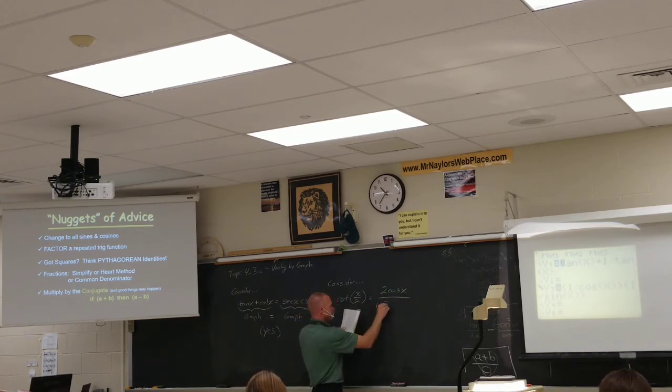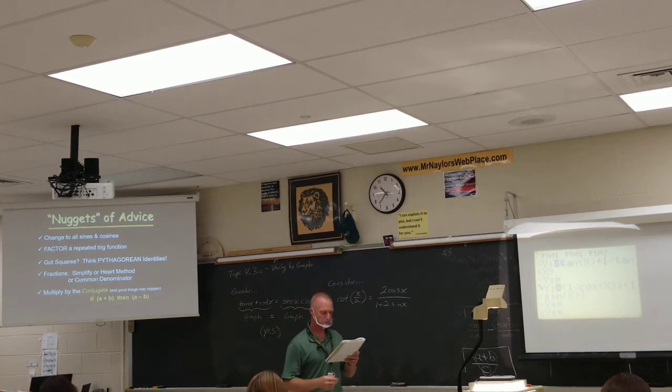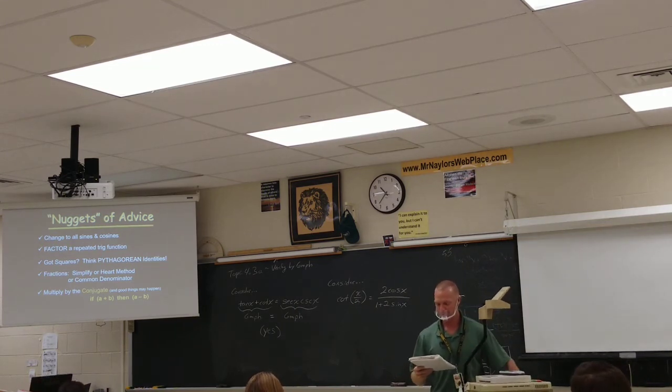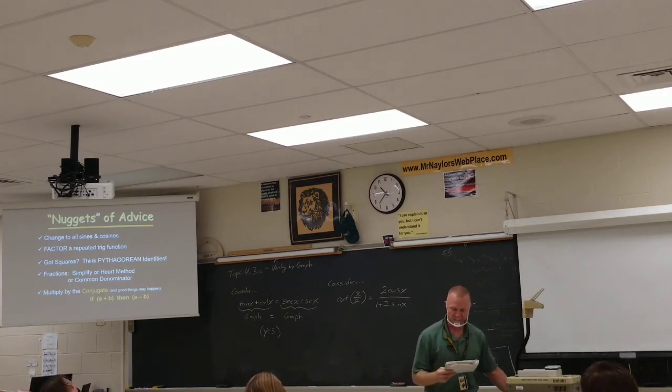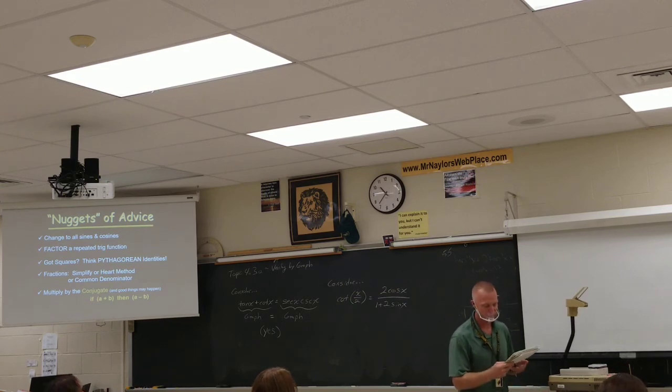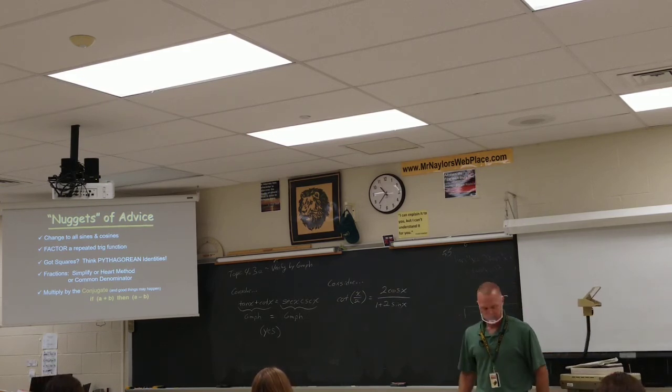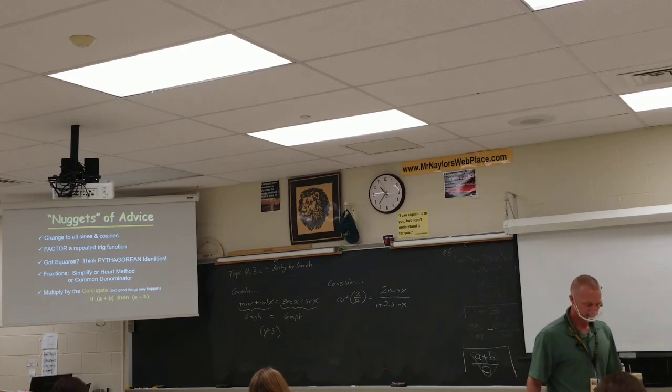So, cotangent of x over 2, does that equal 2 cosine of x all over 1 plus 2 sine of x? Is that really an identity?